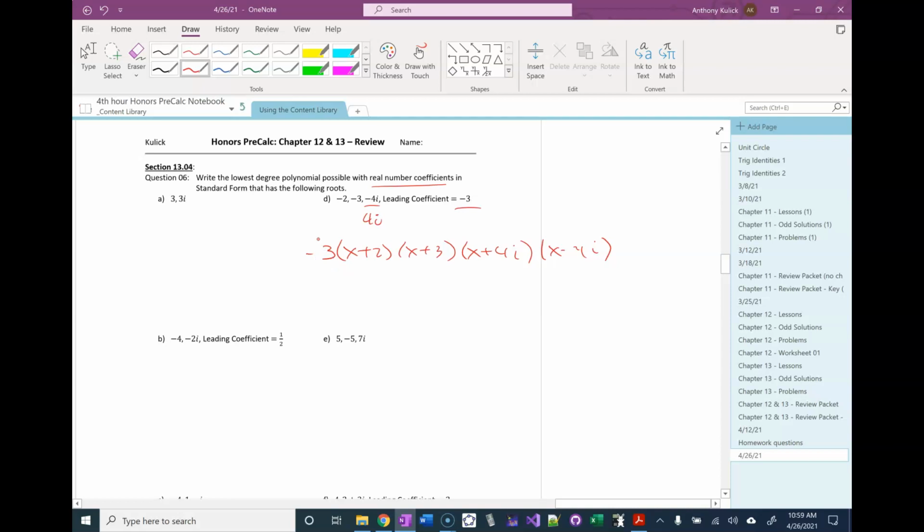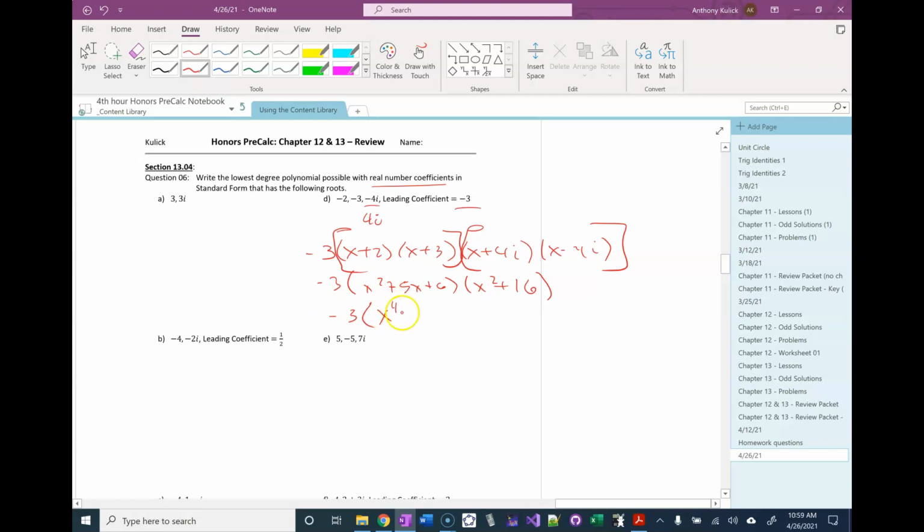Yep. So let's go ahead and FOIL this stuff out. I'll FOIL those two pairs first, and then I'll FOIL this.